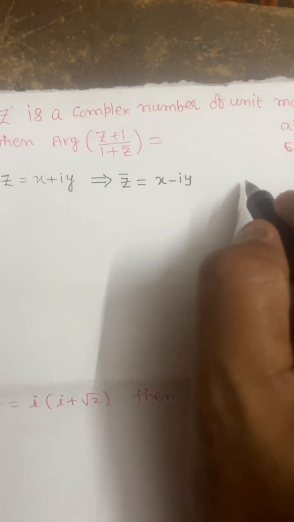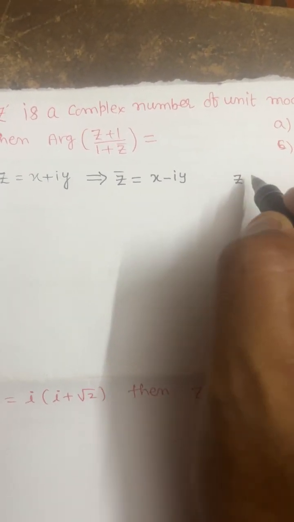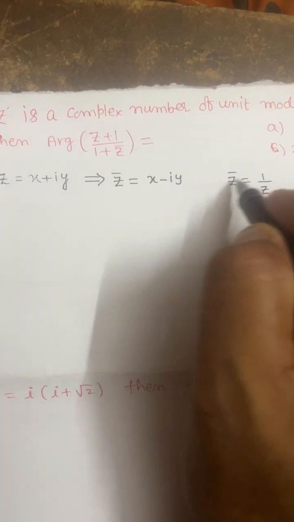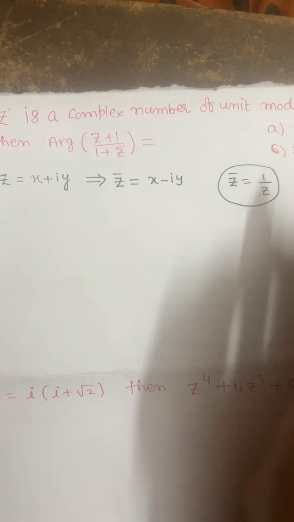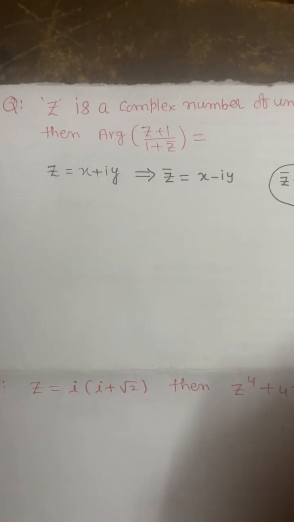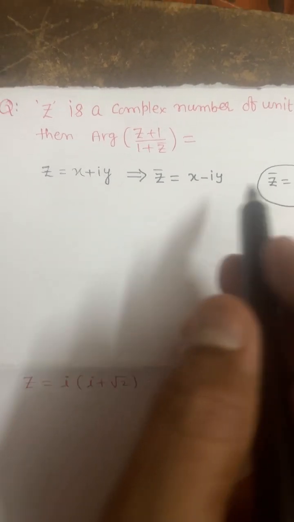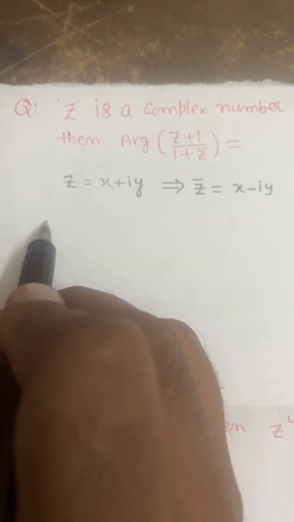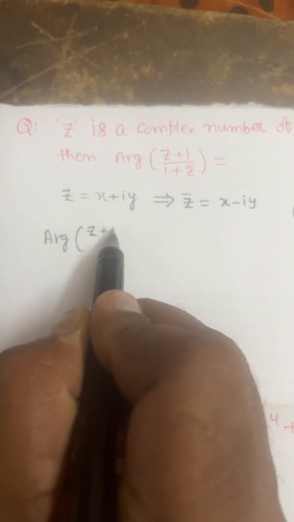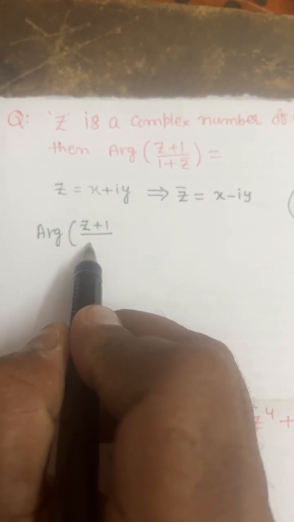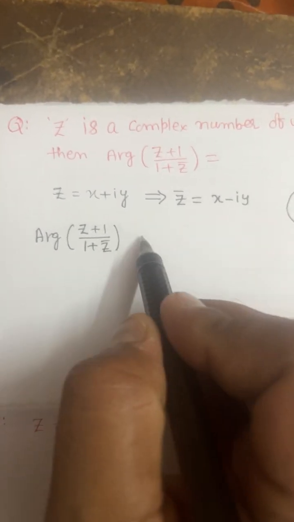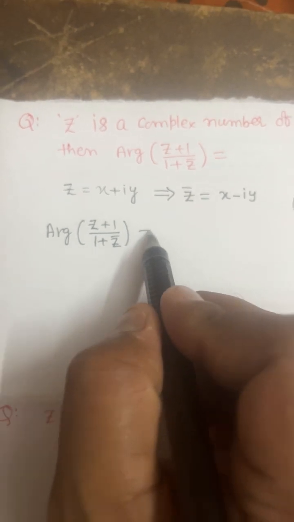So we know the property Z bar is equal to 1 by Z. That means Z into Z bar is equal to 1, unit. Okay dear students, so what for I am writing here, come to the question: argument of (1 plus Z) divided by (1 plus Z bar). So this value we are going to calculate.